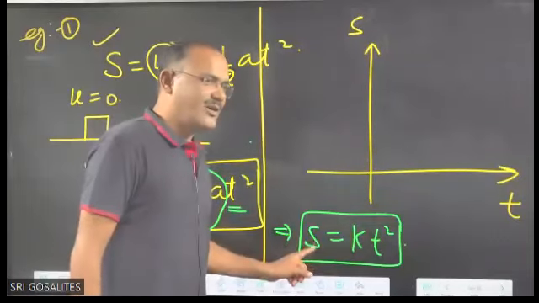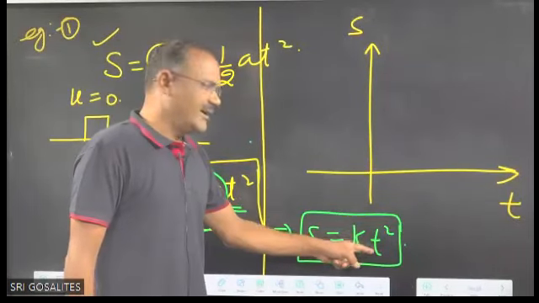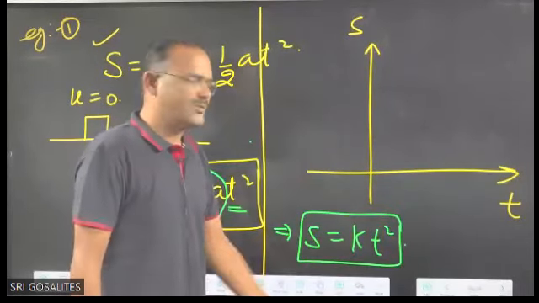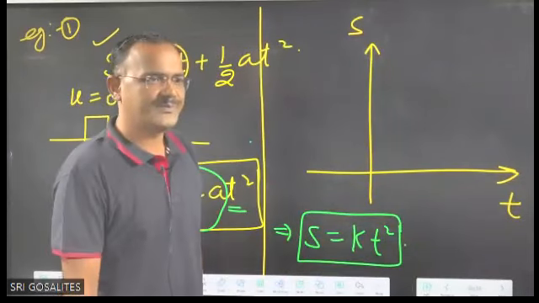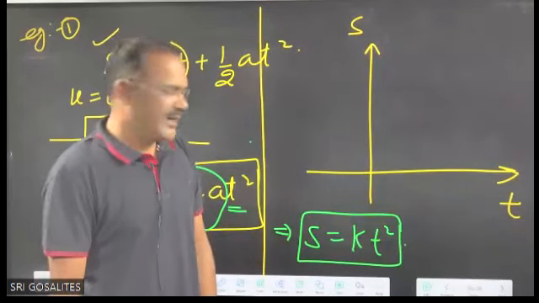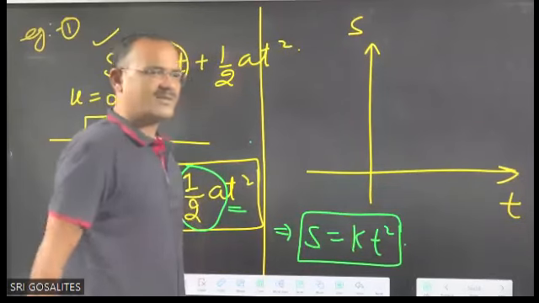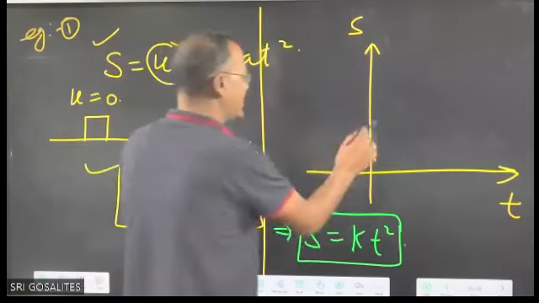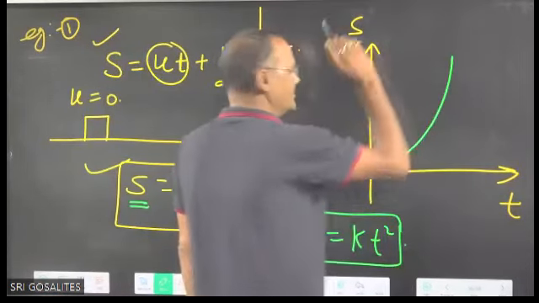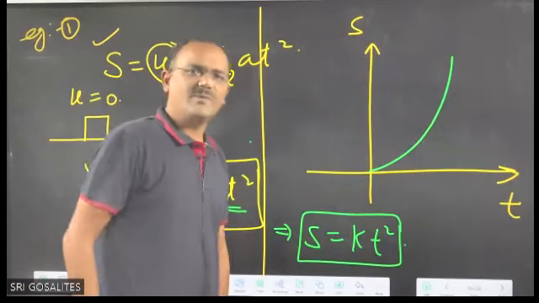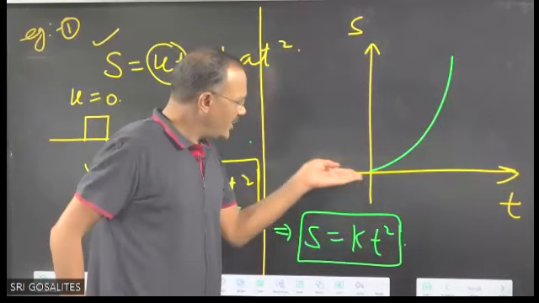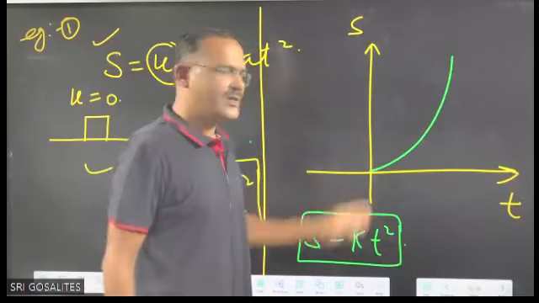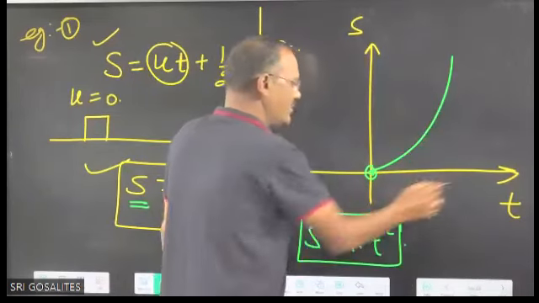One variable has order 1. The second variable, time, has order 2. What is its power? 2. So what is the shape? It's a parabola, right? With respect to which axis? What is the variable which has the power 1? S. Symmetric about S. This one. Now you will ask me, sir, why are you not taking this side? My dear children, we are plotting the time.